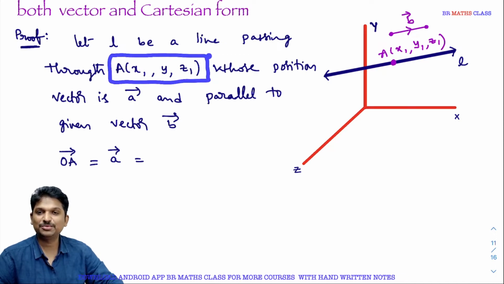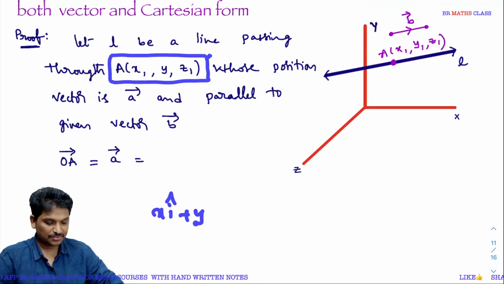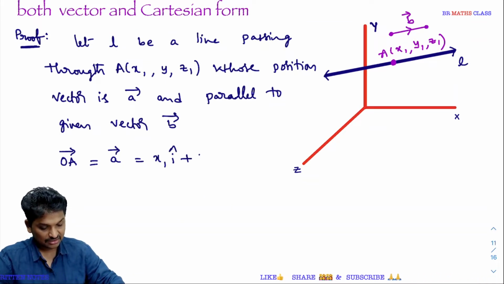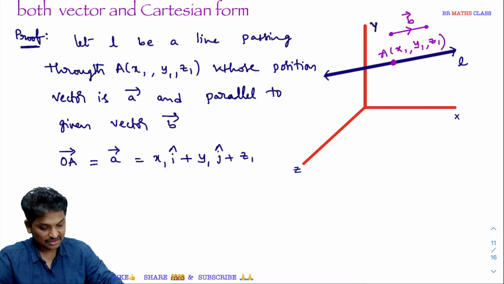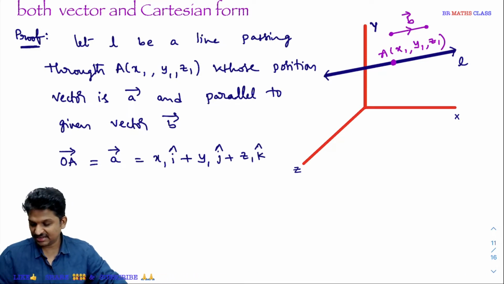In the vector algebra chapter you learned: if P equal to x comma y comma z, then OP bar is x i cap plus y j cap plus z k cap. So OA bar is x1 i cap plus y1 j cap plus z1 k cap.